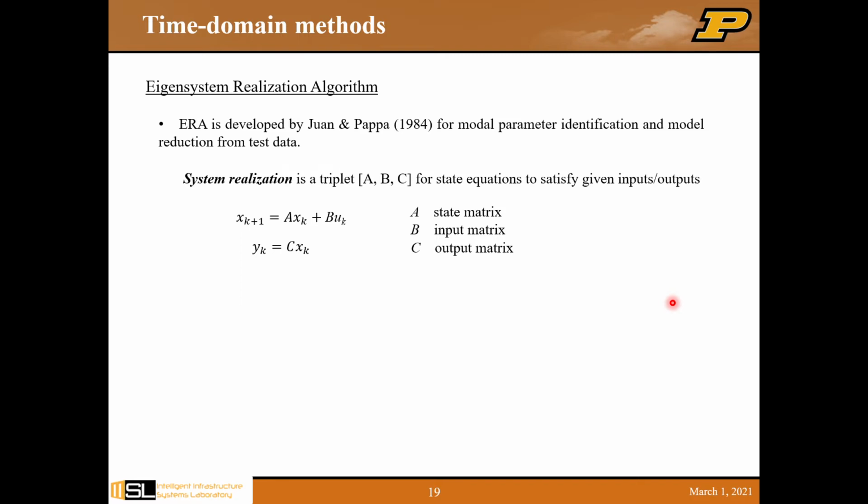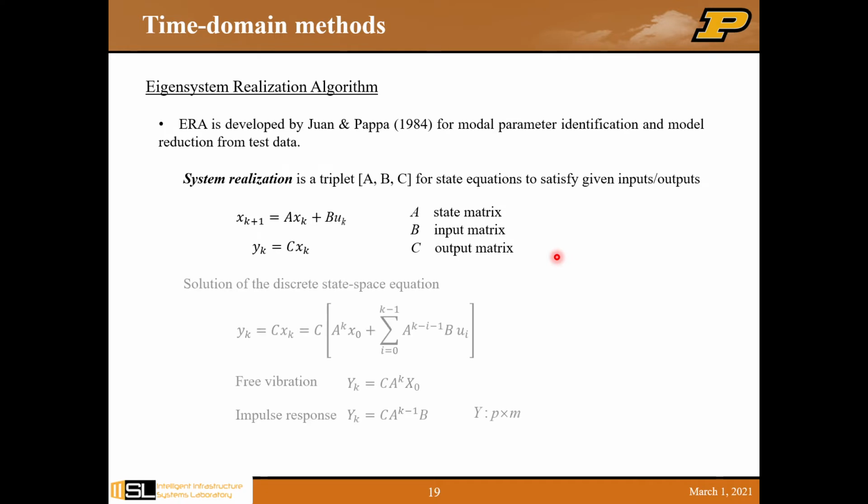It is based on the deterministic state space model. The objective is to obtain the triplet ABC as the system realization for state equations to satisfy the given input and output.